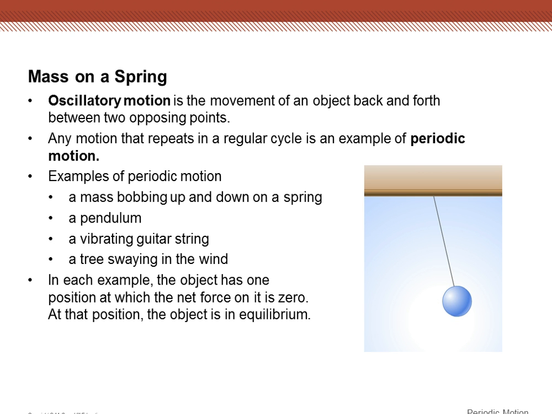And in each of these examples, the object has one position at which the net force on it is zero, and at that position, the object is in equilibrium. That position is called the equilibrium point of the simple harmonic motion.